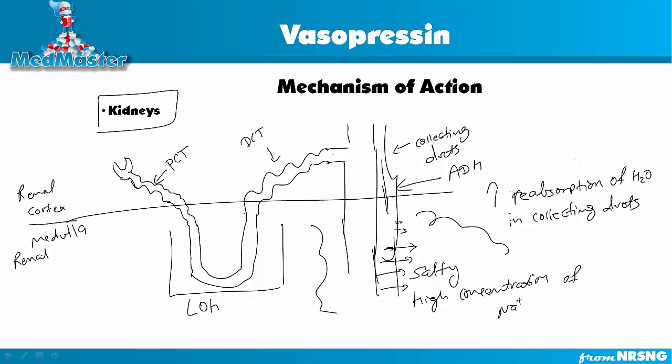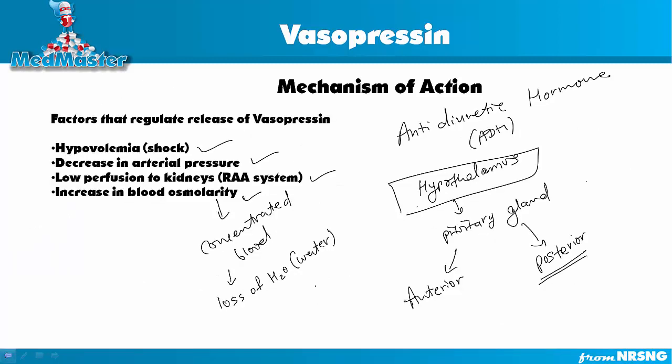It then goes back into the blood because there is a whole network of arteries and veins right here, and it increases the fluid volume, which increases the blood pressure and takes care of the hypovolemia.